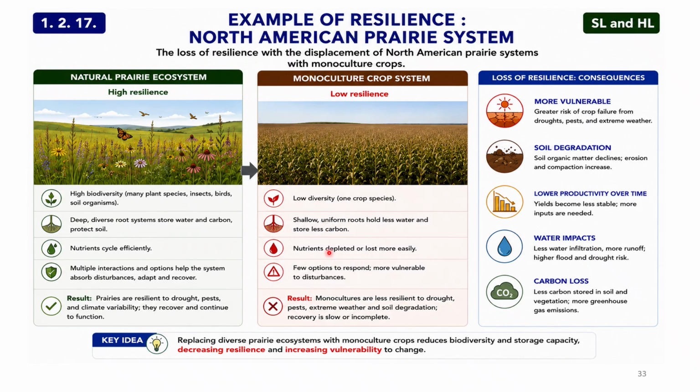The consequences include soil degradation, declining productivity, poorer water infiltration with increased runoff, and reduced carbon storage, leading to higher greenhouse gas emissions. This example highlights an important systems principle: replacing diverse natural ecosystems with monocultures reduces resilience and increases vulnerability to environmental change.